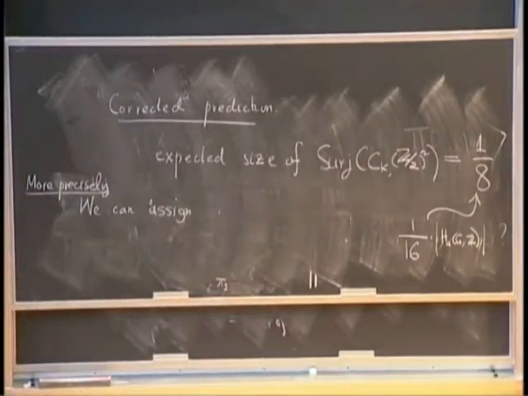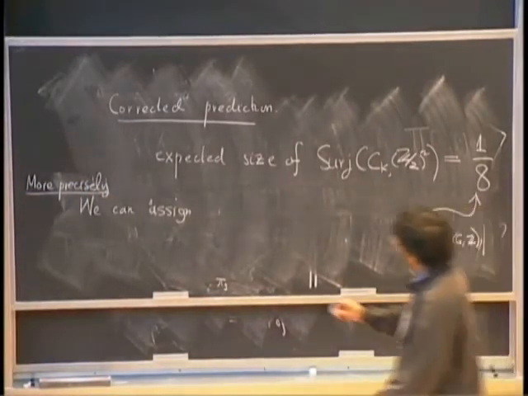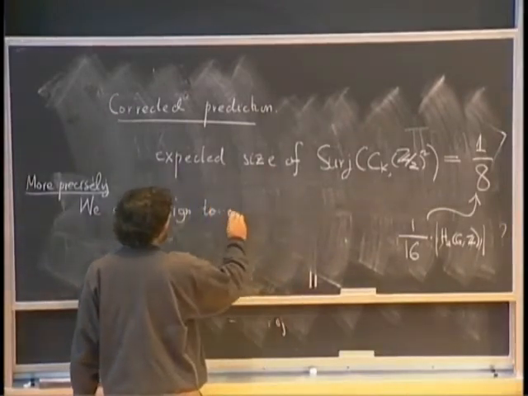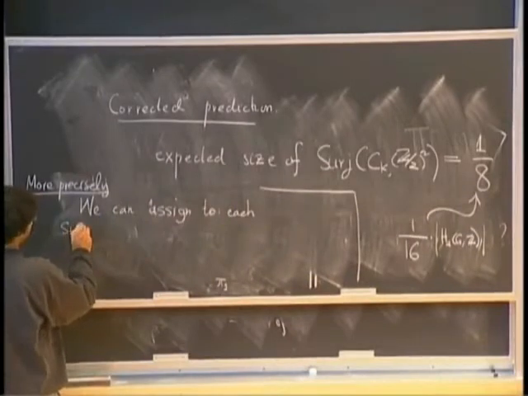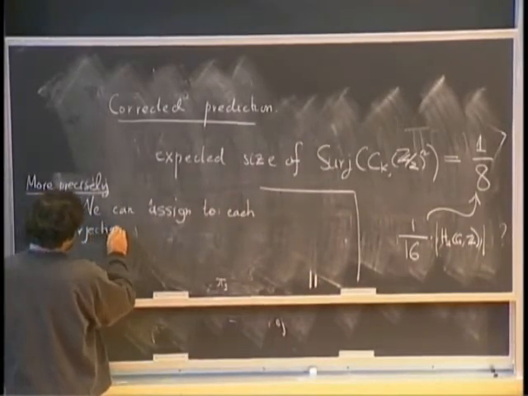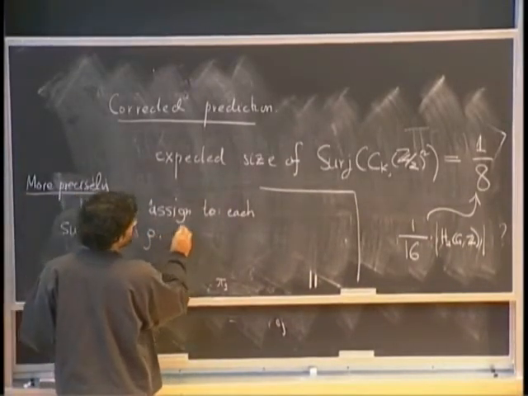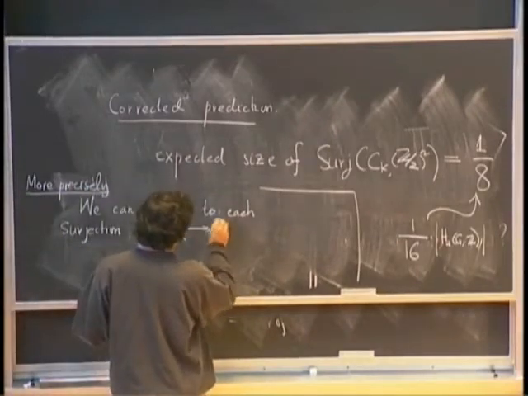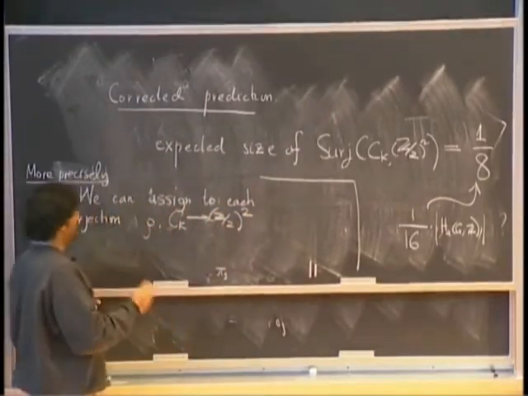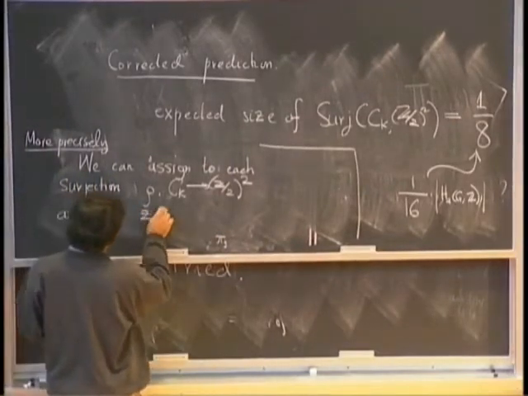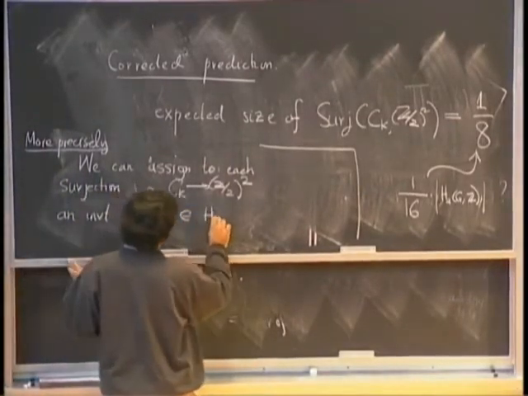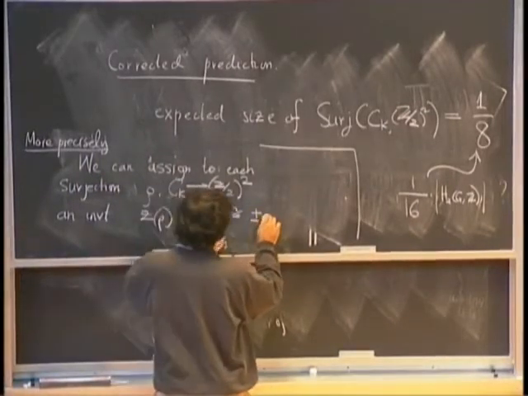We can do something like that here. We can assign to each homomorphism, each surjection rho from the class group to Z mod 2 squared, an invariant, which I'll call Z of rho, which lies in this H2, which in this case is plus or minus 1.